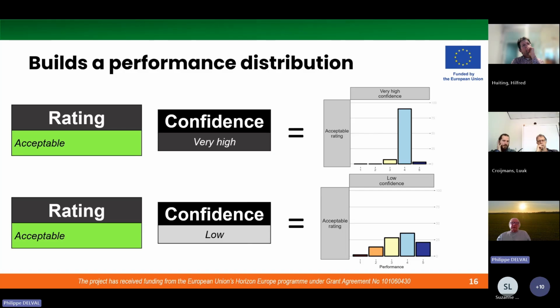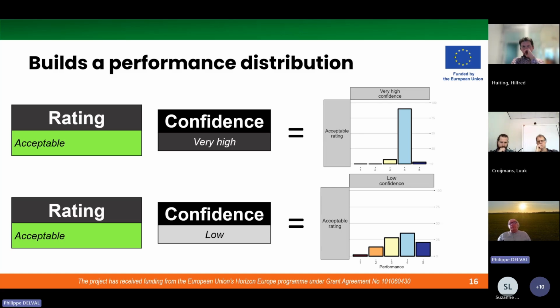For instance, you have 2 examples here. If the experimentator classes the rating acceptable and the confidence very high, you can see that on the graphic you have a very high number 4 that represents the acceptable rating and the confidence.